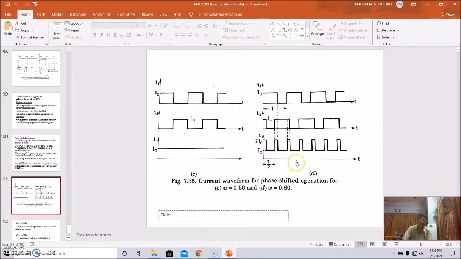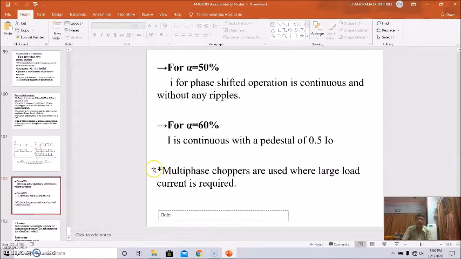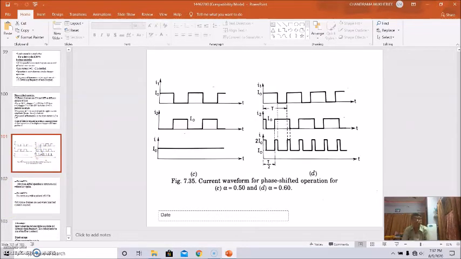Frequency is double, so this is the case. For alpha equal to 50%, I for phase shifted operation is continuous and without any ripples, and for alpha equal to 60%, I is continuous with a pedestal of 0.5 I0. That is shown here.